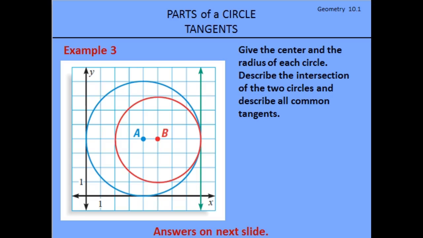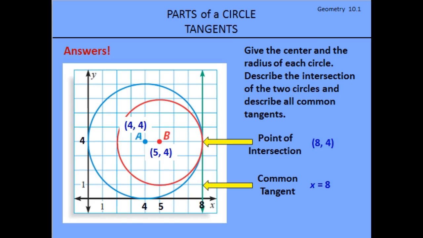Okay, I'm going to show you the answers. Ta-da! So for A, the center of circle A is at 4, 4. The center of circle B is at 5, 4.